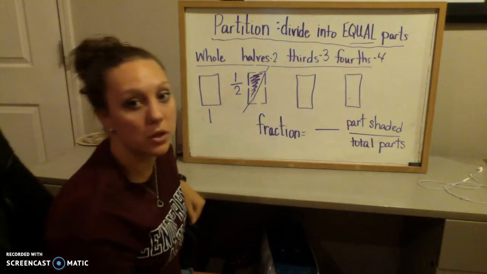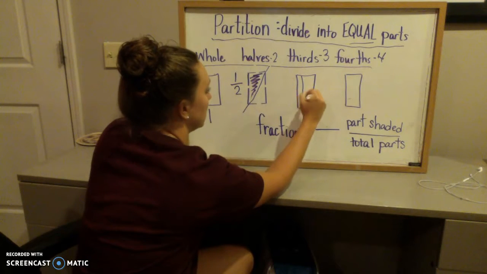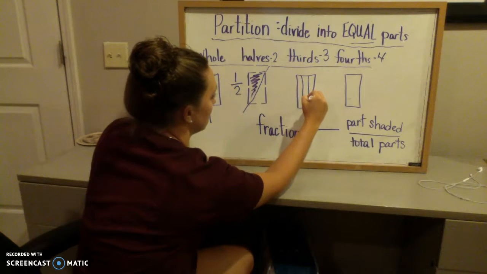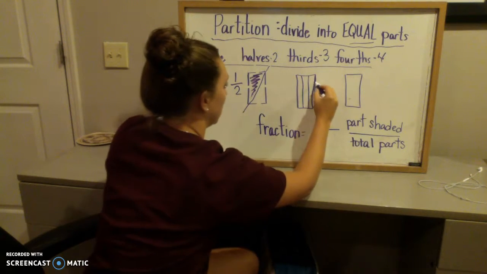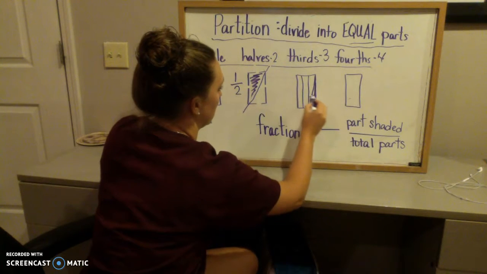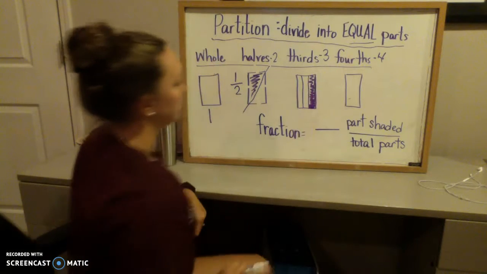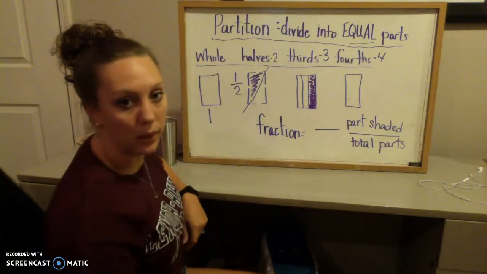Okay, moving on to the thirds. I can partition my rectangle, not quite straight. I could have also partitioned it that way.